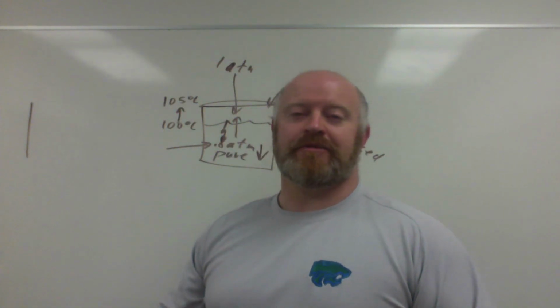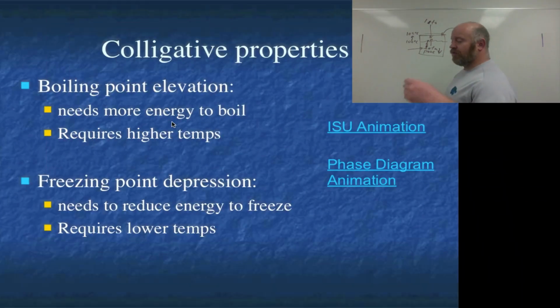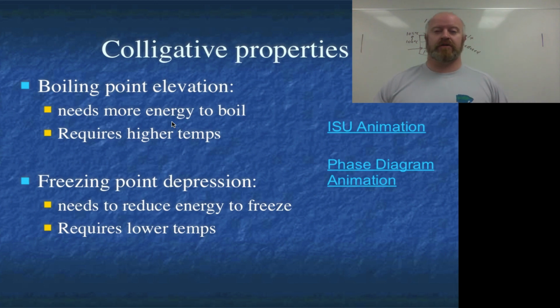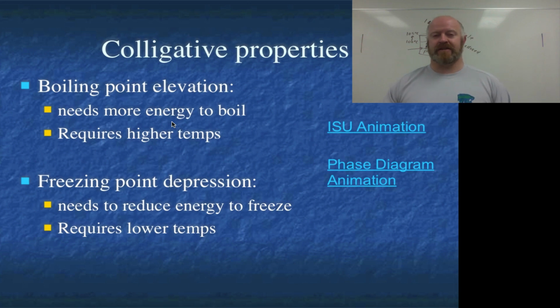Now, the exact same thing happens at the freezing point, but it goes the other direction. When you're cooling something down to freeze, at some point those hydrogen bonds start to lock into place and hold the water molecules stationary, so they just vibrate. As a result, we call that freezing. Now, if you have salt particles or sugar molecules or other solutes in there, those things disturb the hydrogen bonding, so the molecules are not as easily locked into place.